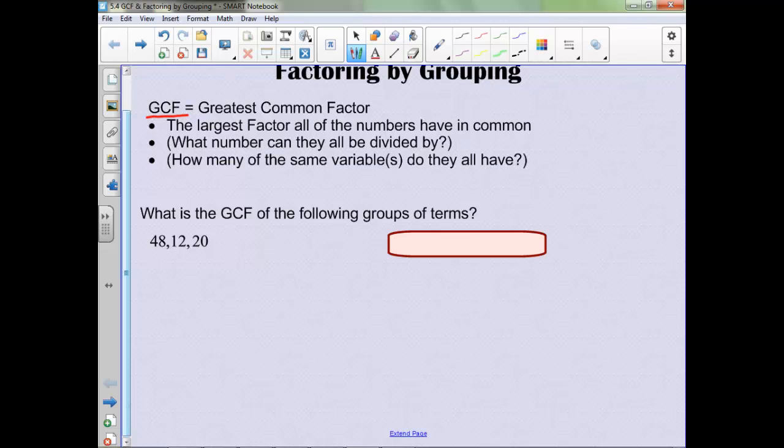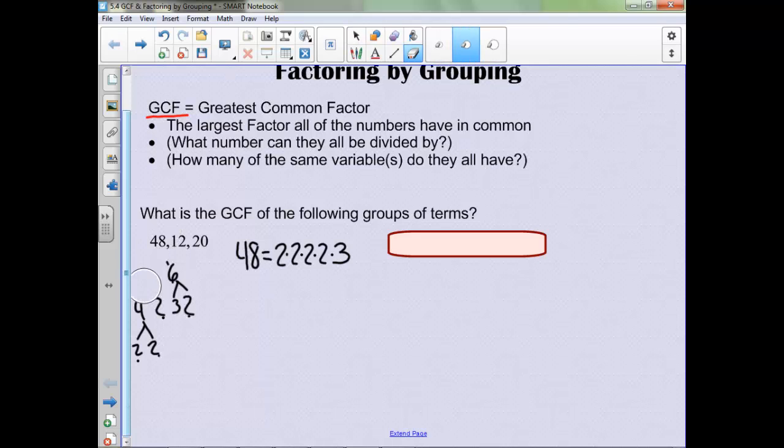But one way you could do this is we could say, okay, well 48 is 8 and 6, which is 4 and 2, 2 and 2, and 3 and 2. So 48, we've got 1, 2, 3, 4, so 2 times 2 times 2 times 2 times 3.